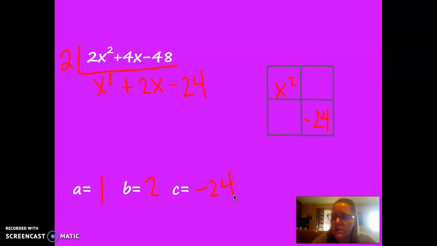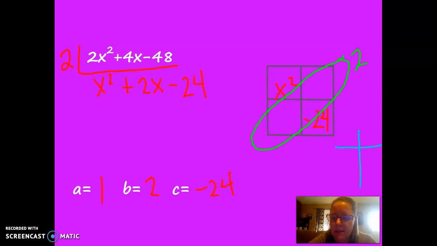So what values need to be in the middle term of my box? They need to combine to give me what? 2.